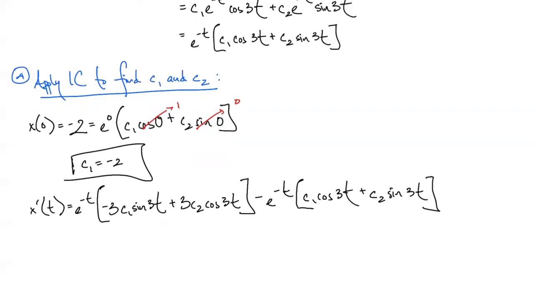Right? And now we can plug in t equals 0, and my whole expression is going to be 0. So 0 equals e to the 0, 0 plus 3c2, minus e to the 0, c1, and then the c2 term goes to 0.